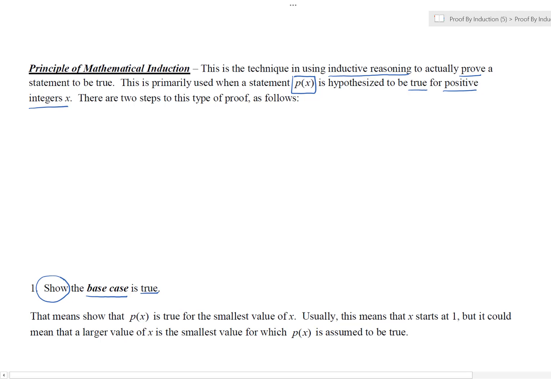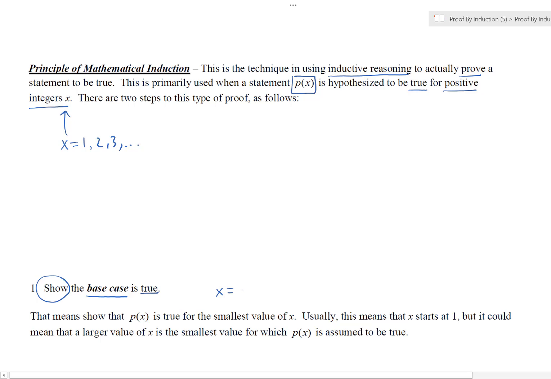Well, if we are claiming that some statement is true for all positive integers X, that's X is 1, 2, 3, and so on, then the base case correlates to the very smallest of these values of X. So in general, it'd be X is 1, or it might be X is 0 or 2, just depending on where we start our index.